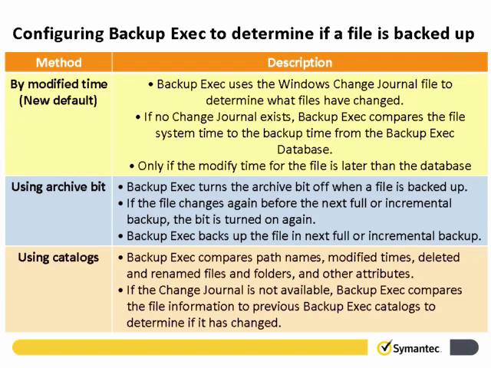We can also use the catalogs, and this is how Backup Exec knows whether or not to back up files that have changed on Linux or Macintosh machines. Sorry, we no longer back up Unix. What we'll do on a Linux or a Macintosh, when we back up the file, is put an entry in the catalog that says what the modified time of that file was.